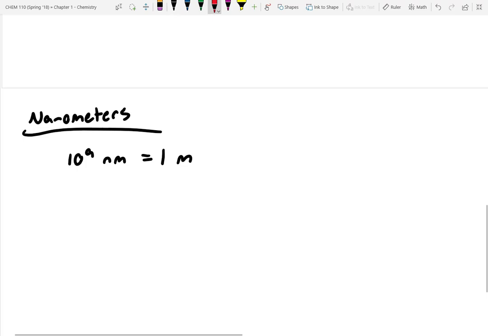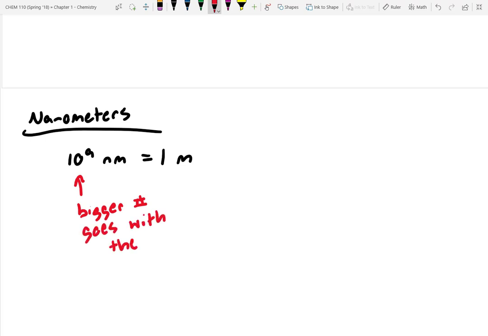The way I remember this is the bigger number goes with the smaller unit. Right? We said that nano is smaller than the base unit, so it should have the bigger number. We don't want a negative 9 there. We actually want 10 to the 9th, and that confuses students sometimes.